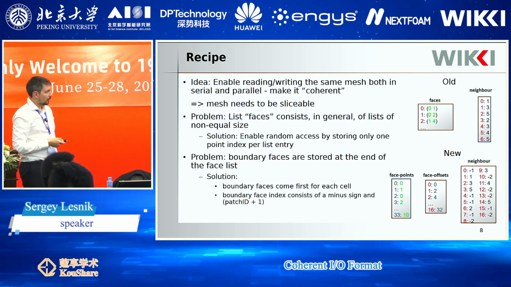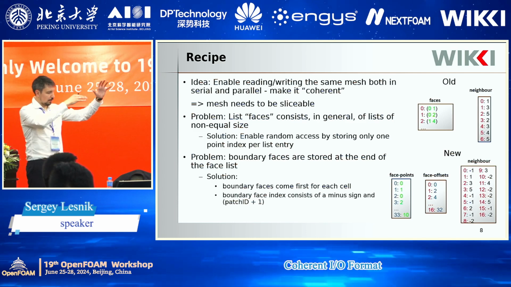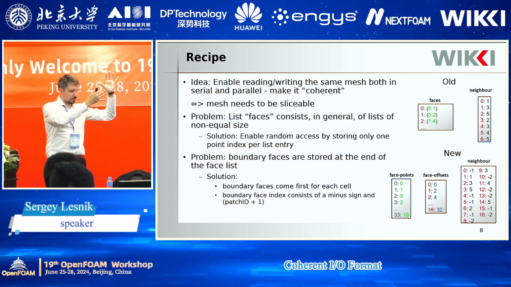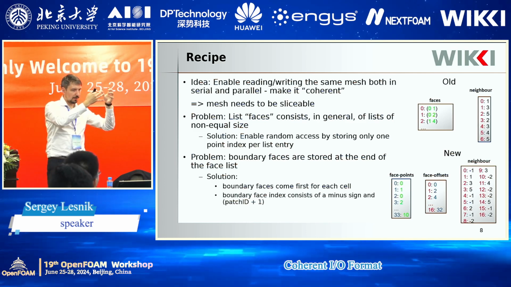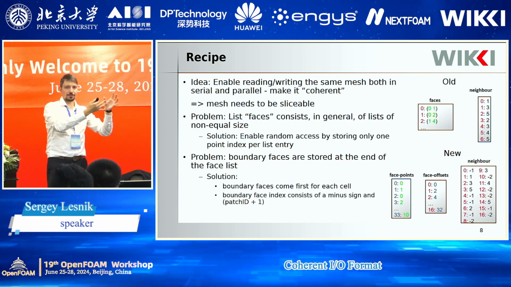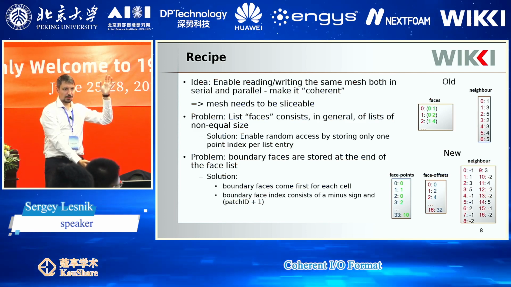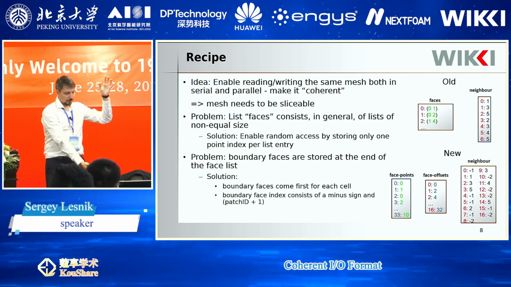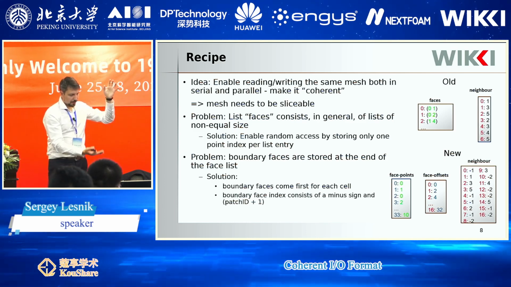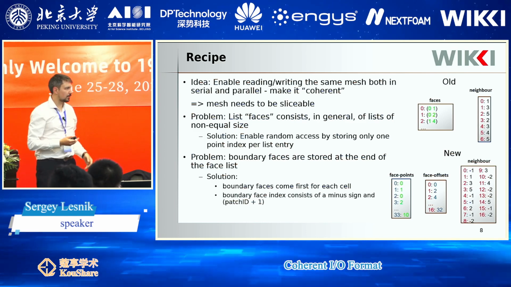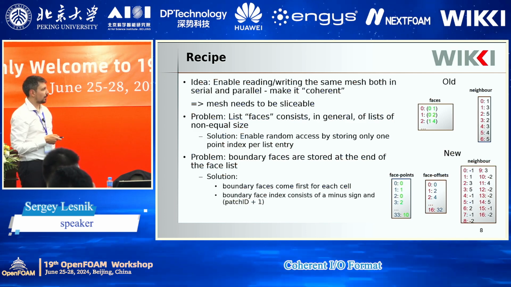So that was one problem. The other problem was that the boundary faces are stored at the end of the face list. So I have a first partition here. If I slice it out somehow, I get only internal faces. But all the boundary faces are somewhere in the list down below, and I need to read this from the back or do some strange stuff to get these faces.